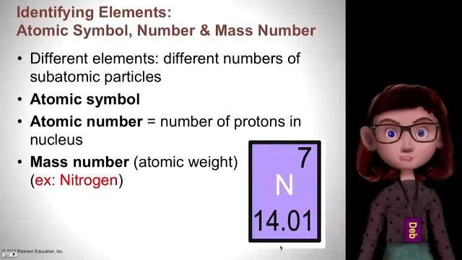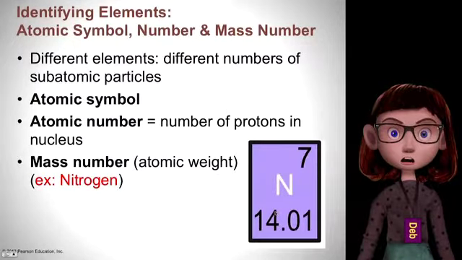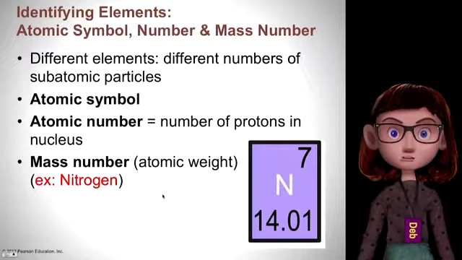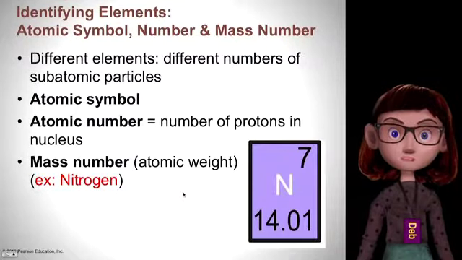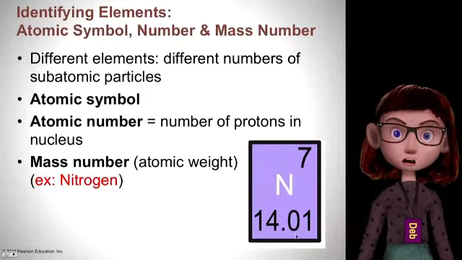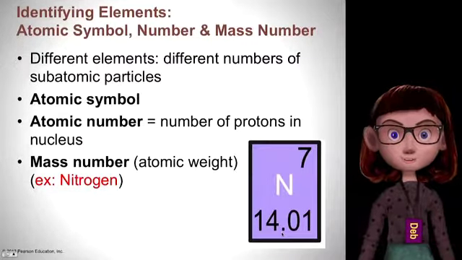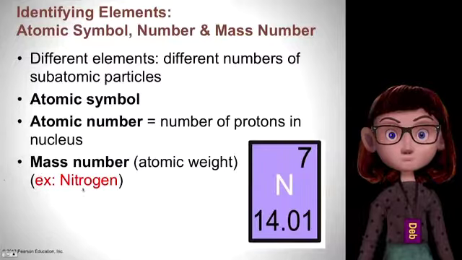So when you see this number, it's not a whole number. It's actually an average of all the samples of that particular element that have been obtained. This is showing nitrogen, atomic number of 7.